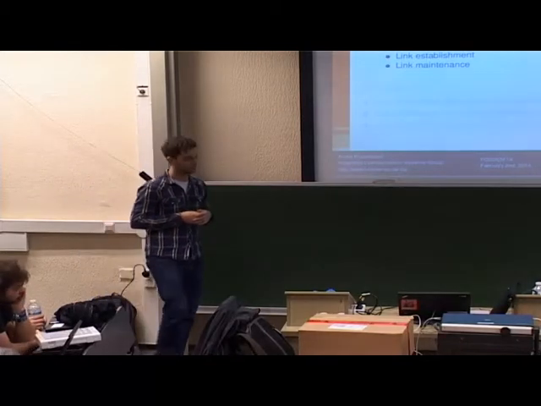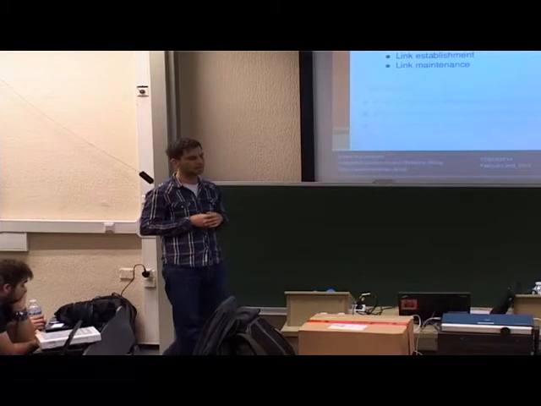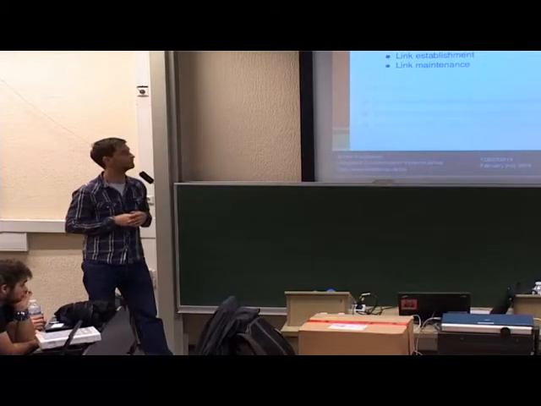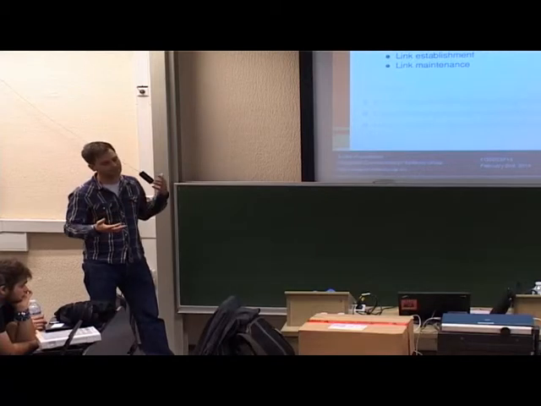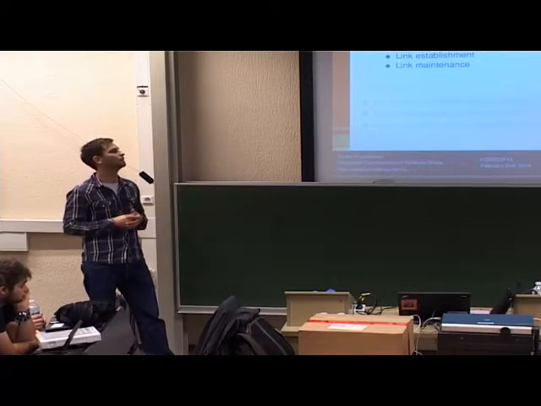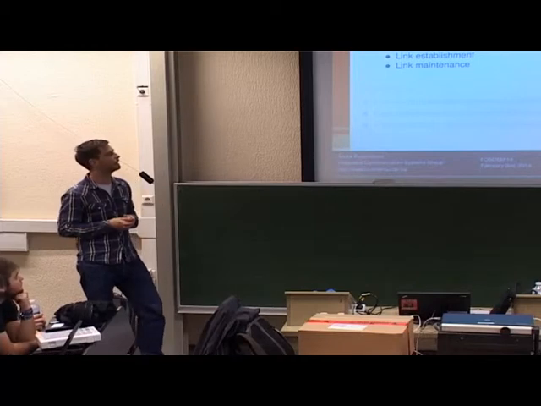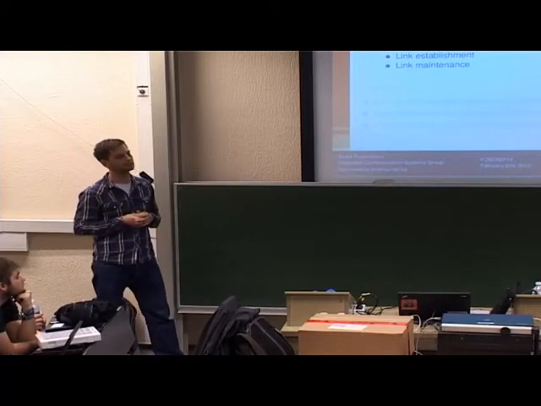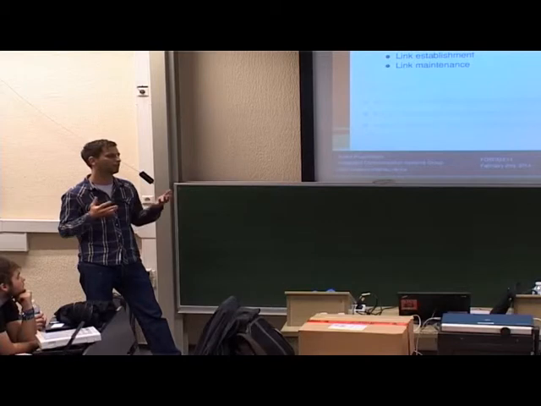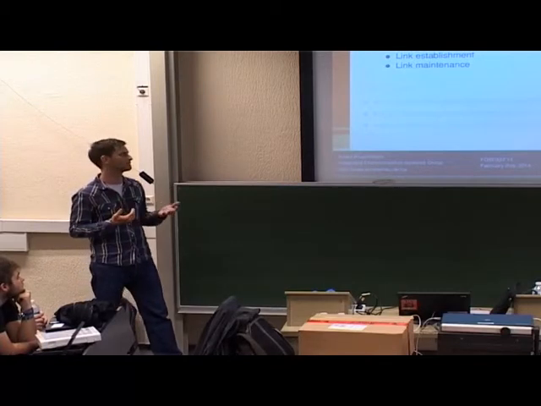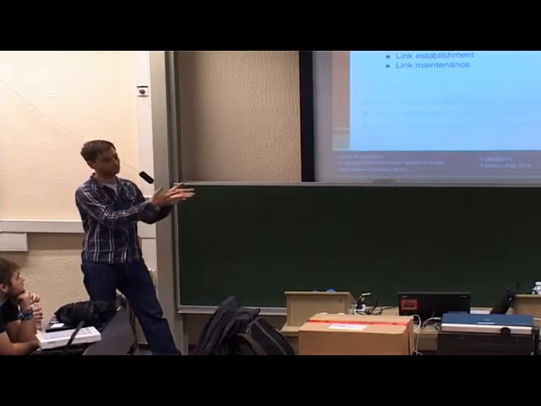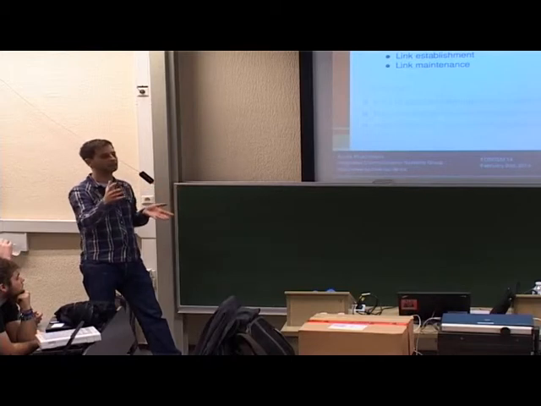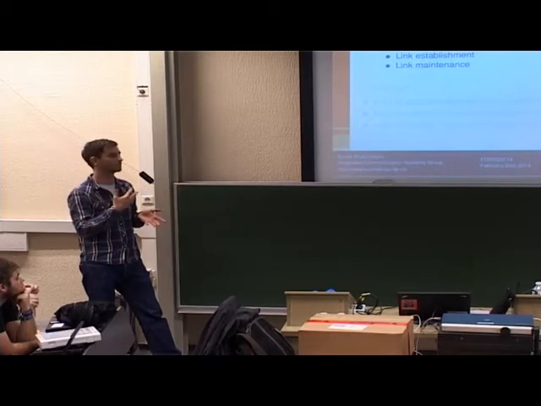And also in dynamic spectrum access systems, there's basically a use case, that's basically the idea of dynamic spectrum access: in licensed spectrum, you have something called a primary user, which basically owns the spectrum or is the licensed owner of the spectrum, and when you use the spectrum, you need to vacate it if the primary user comes back.